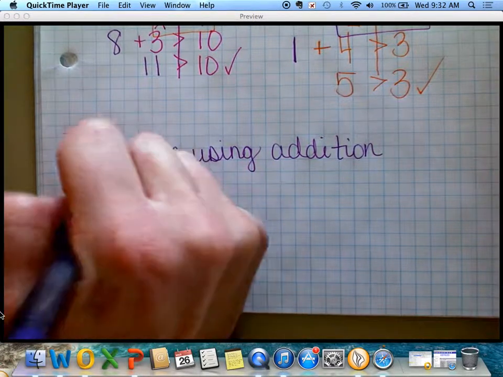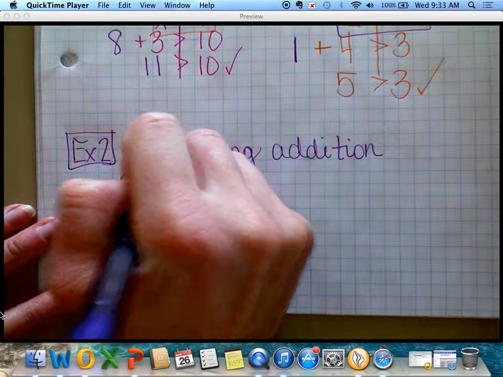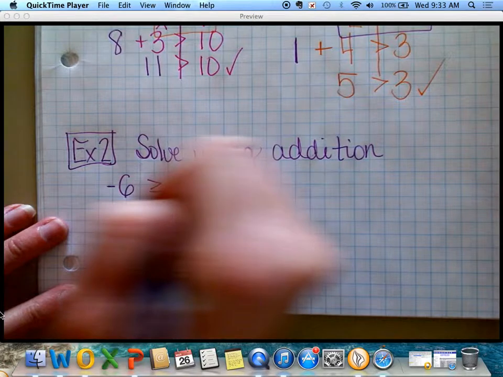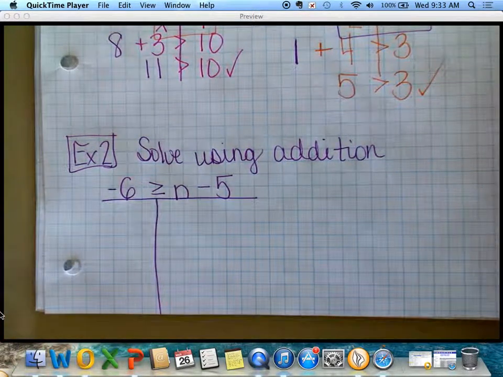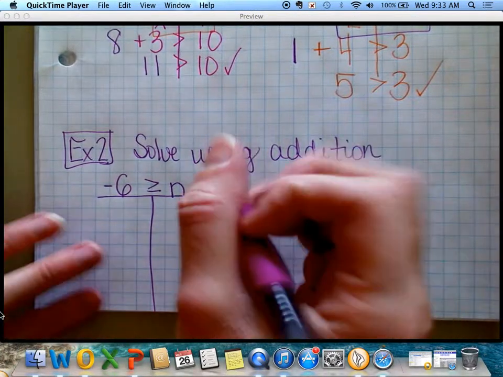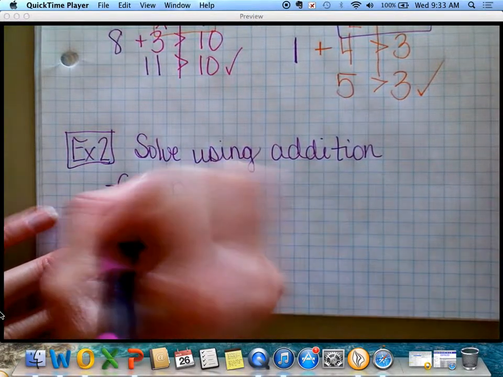We have -6 is greater than or equal to n minus 5. -6 is greater than or equal to n minus 5. What's the opposite of subtraction? Addition. So I'm going to add 5 to both sides.